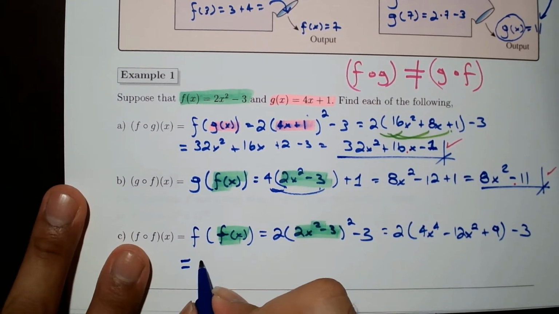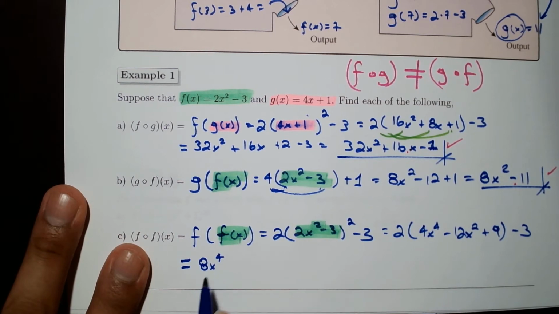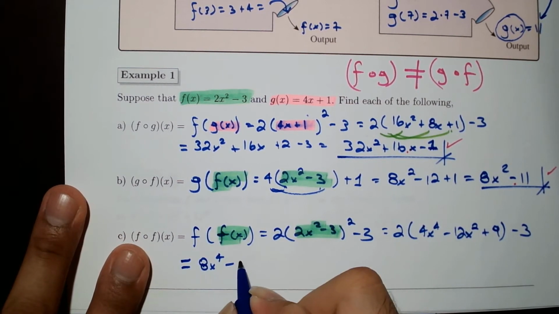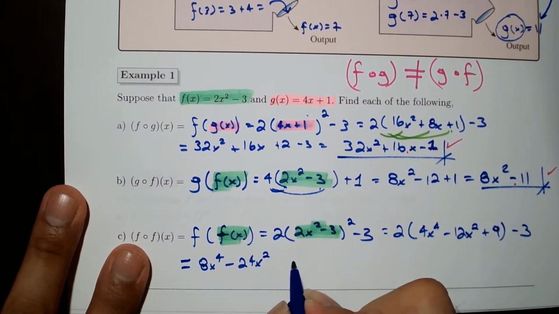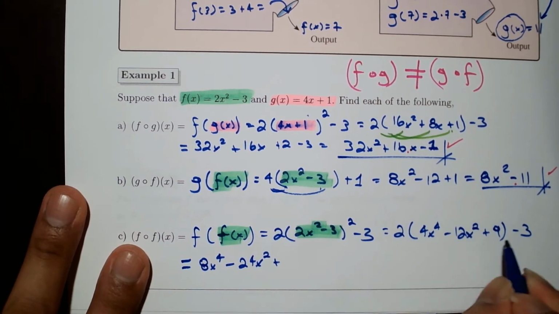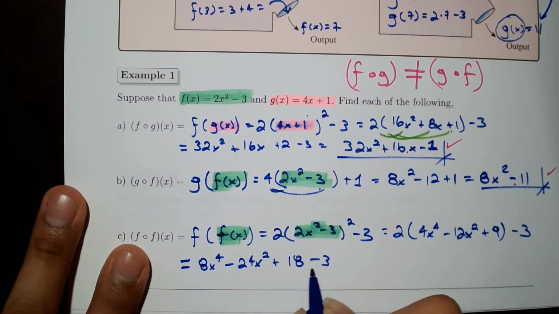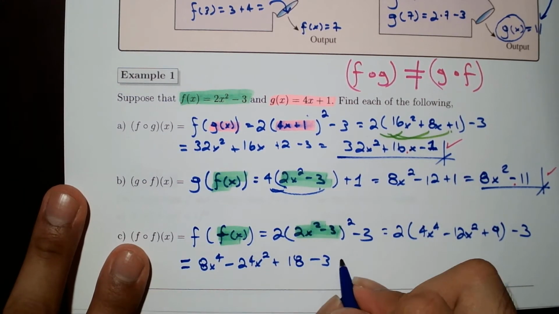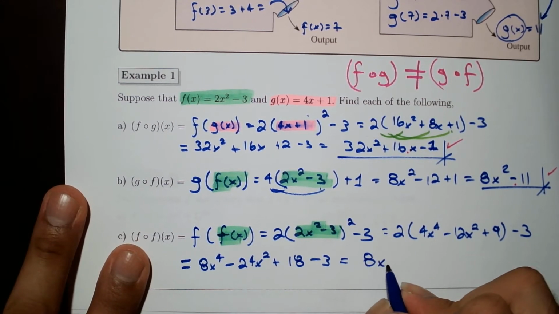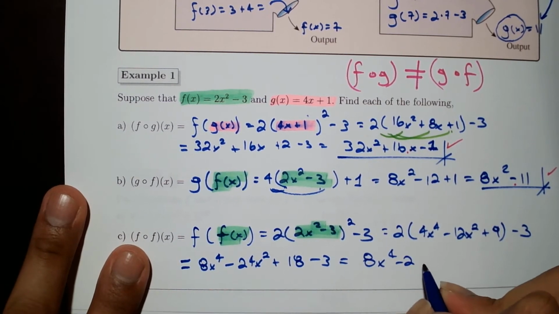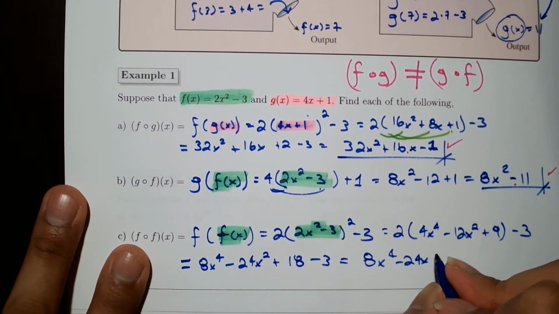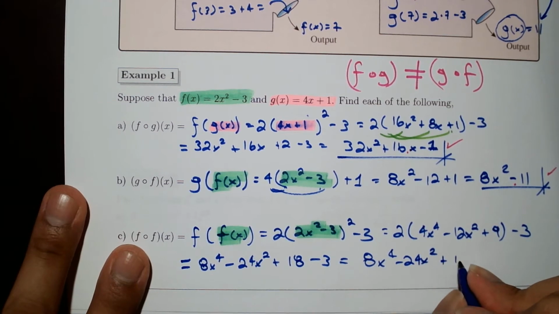So this will be 8x to the 4th power minus 24x squared plus 2 times 9, which is 18, minus 3. All we do is combine these two numbers to get 8x to the 4th minus 24x squared plus 15.